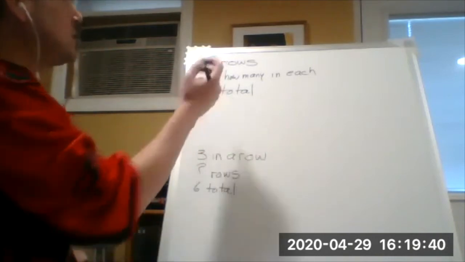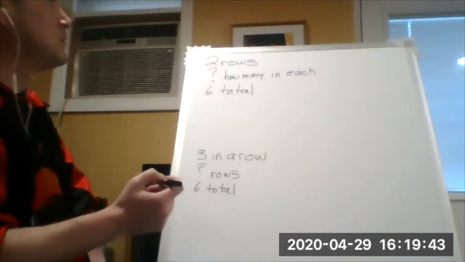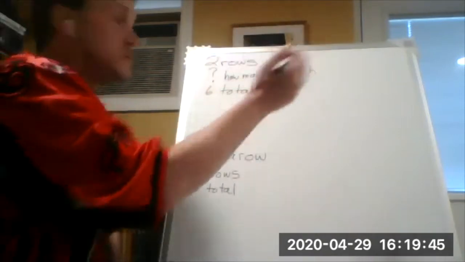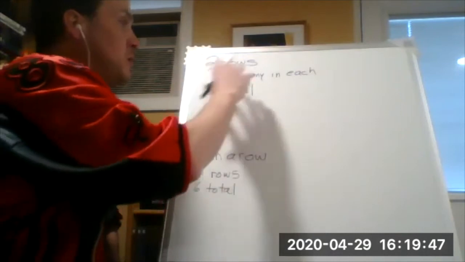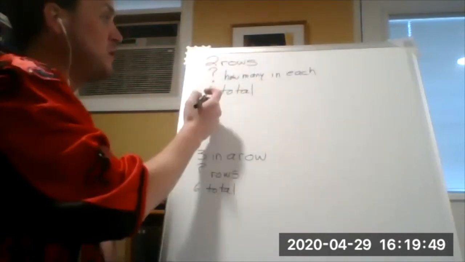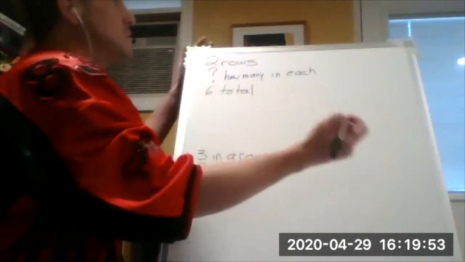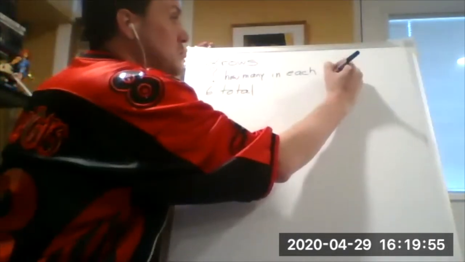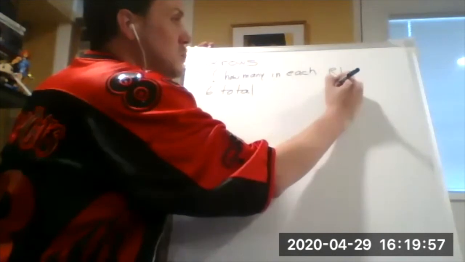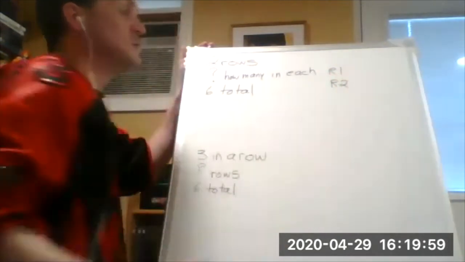So let's take this first problem up here. We have 2 rows of students, and we don't know how many we're going to put in each row, but we have a number of 6 total students. So we make our rows. We say we have row 1, we have row 2.